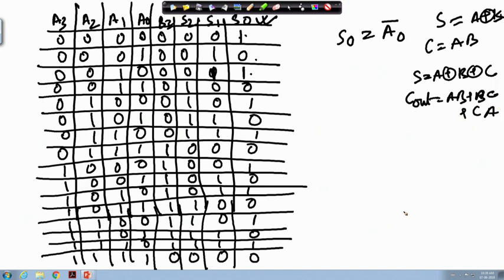So this is the corresponding logic for the full adder circuit.